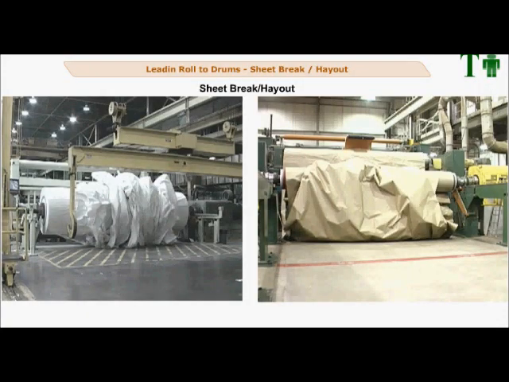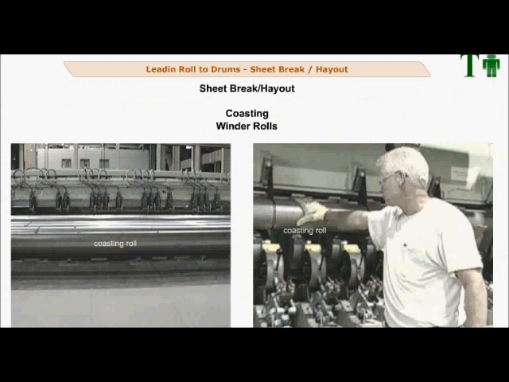Sheet break, hay out. When there is a sheet break causing a hay out, the winder crew members must stay very aware of many things, especially during the cleanup of the winder. Note that coasting winder rolls, lead-in rolls, slitter rolls, etc. are common and sometimes hard to identify.